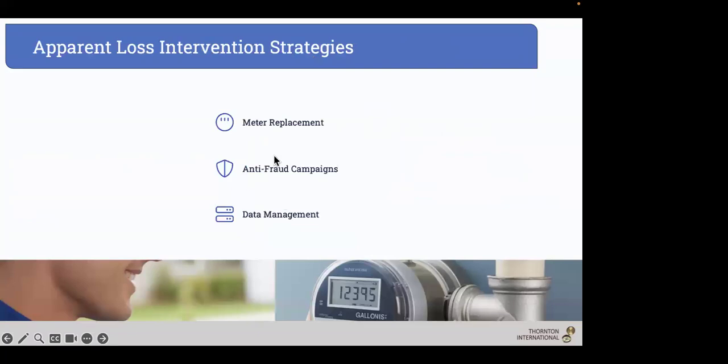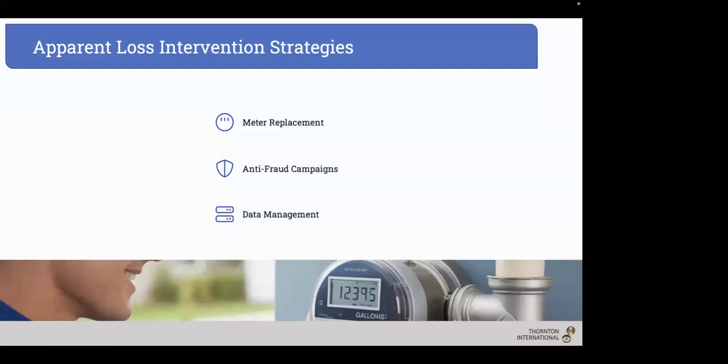Considering apparent loss interventions: meter replacement, replacing aging or inaccurate meters, prioritizing large customers and non-problematic meter types to improve measurement accuracy and revenue. Anti-fraud campaigns: a comprehensive program to detect and prevent unauthorized consumption, including meter tampering detection or consumption pattern analysis.